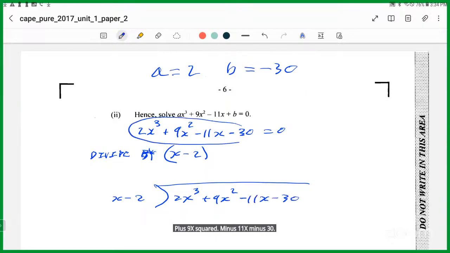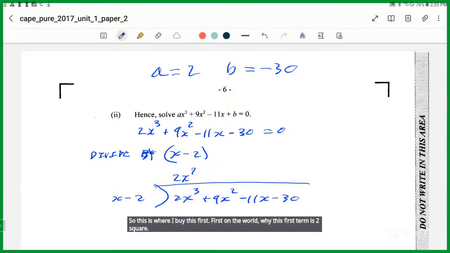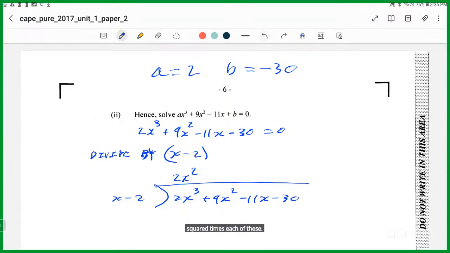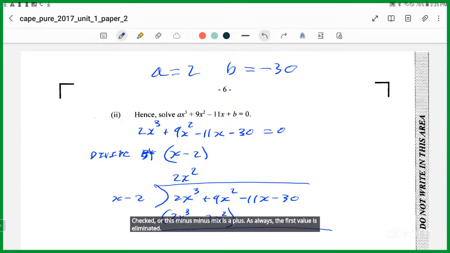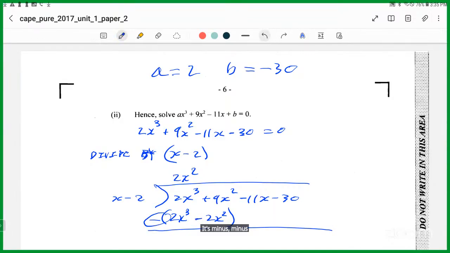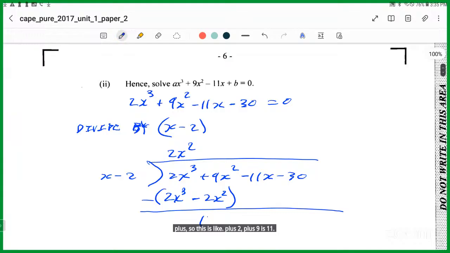You try to factorize it, so you divide. This first term divided by this first term is 2x squared. 2x squared times each of these gives 2x cubed minus 2x squared. Subtract. This minus makes it a plus. As always, the first value is eliminated. So 2 plus 9 is 11, so we're getting 11x squared.